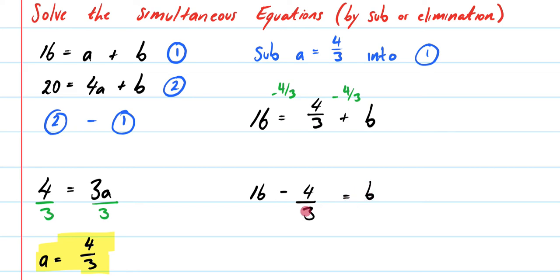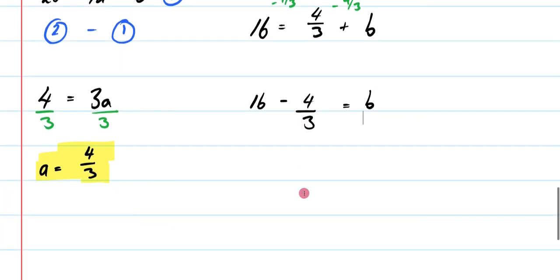I now need to solve this. How am I going to do that? Well, this is actually where we're going to have to do some maths. So the first thing I would do is, all right, I need to get common denominators. So that means I'm going to have to times this by 3 and this by 3. So now I'm going to get, on the bottom, it's going to have 3 minus 4 equals b.